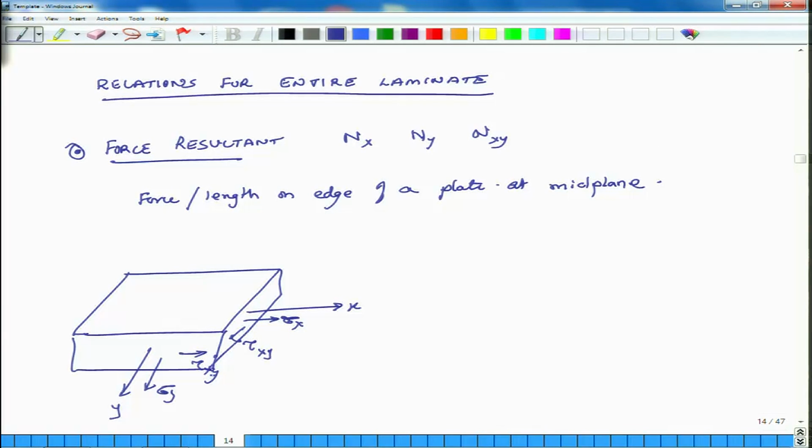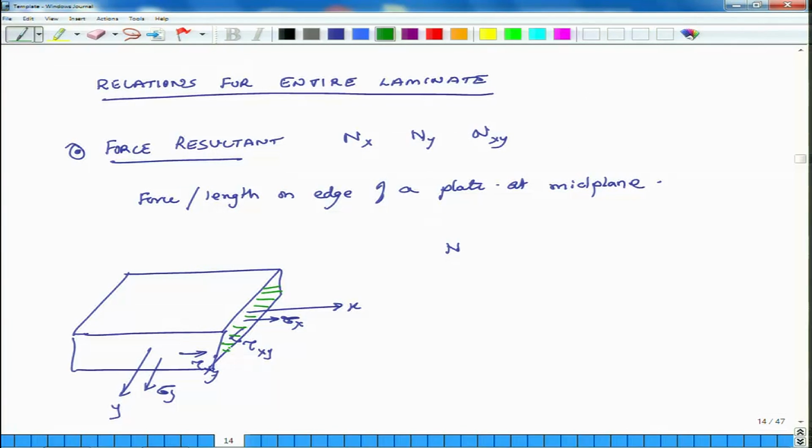Okay. Now, what is Nx? It is the force per unit length on the edge of the plate at midplane. What that means is that if I integrate this sigma x on this entire surface, what will I get?